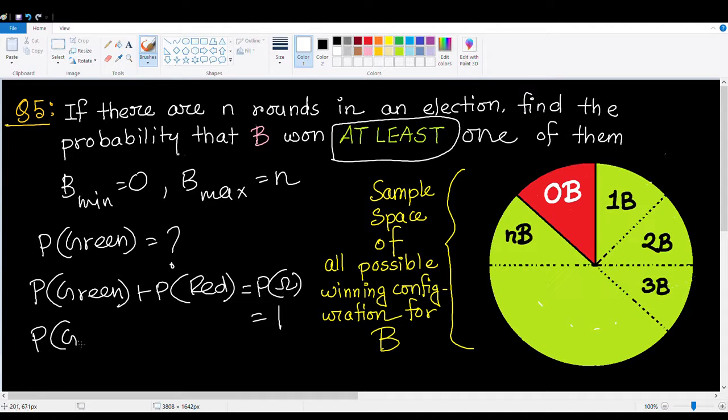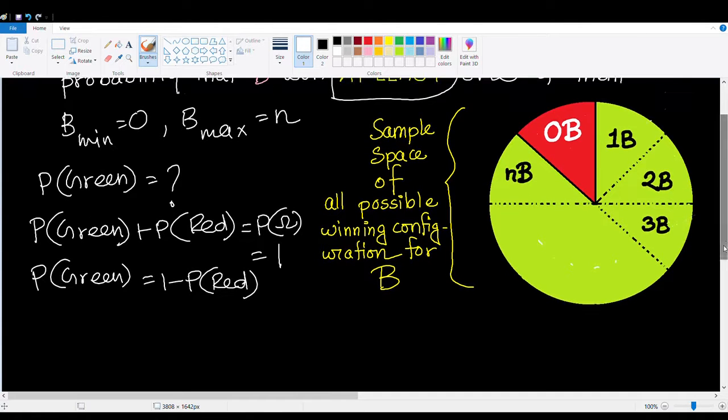Therefore, P of green would be 1 minus P of red, right? So the P of the red event can be replaced by P of 0B, which means the probability of B losing all the rounds, or the probability of B winning 0 rounds.